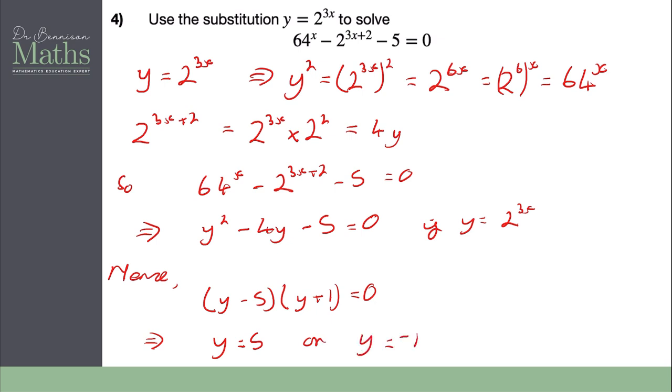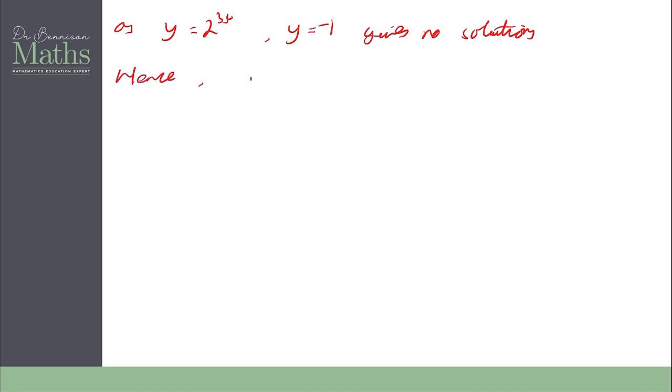But as y is 2 to the 3x, y equals minus 1 gives no solutions. Hence, we have our solution being y equals 5.